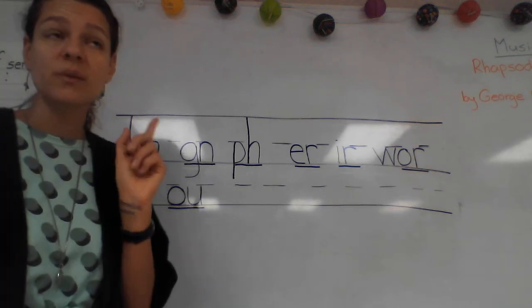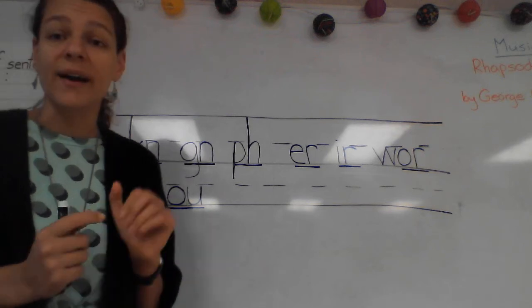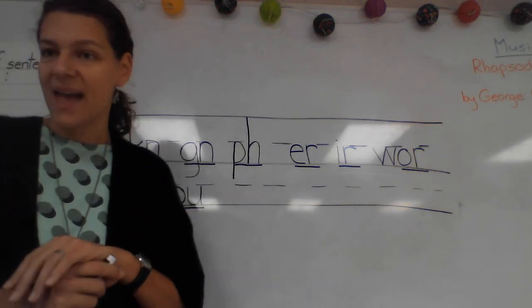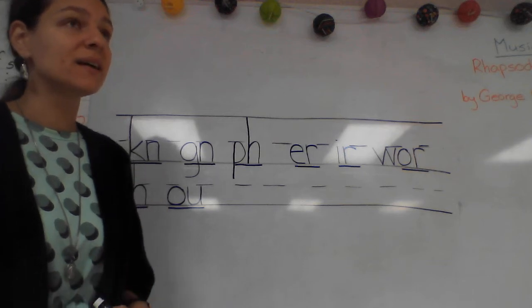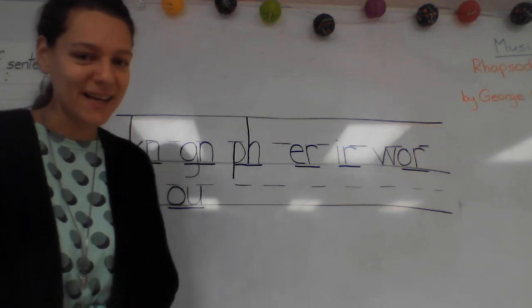Let's see, and let's review one that we learned just the other day. So let's write our A, 4-letter A. Class, what are you going to write? Good, A, 4-letter A. Say it while you write it.